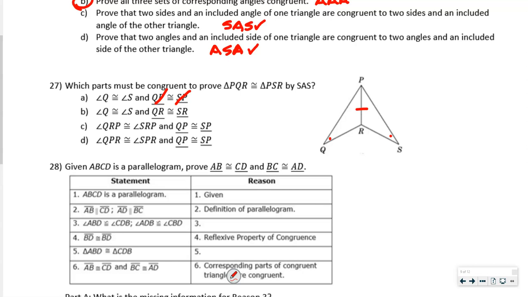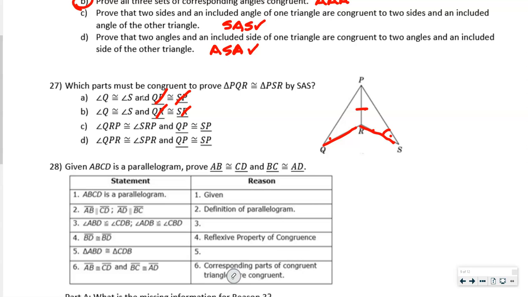Then if we do Q and S again, we have QR and SR. But again, that's not the right side, right? So look here, if we had these sides, guys, it would be angle, side, side, right? So that's why this can't work, okay?